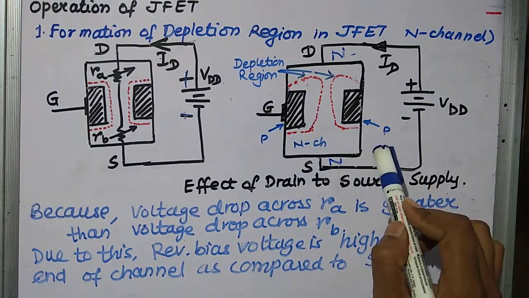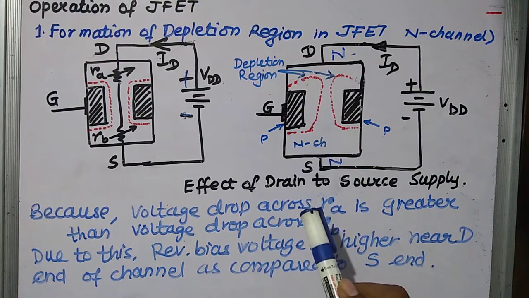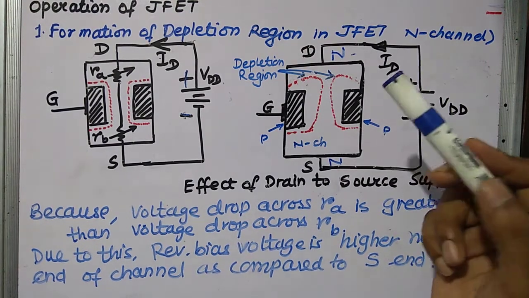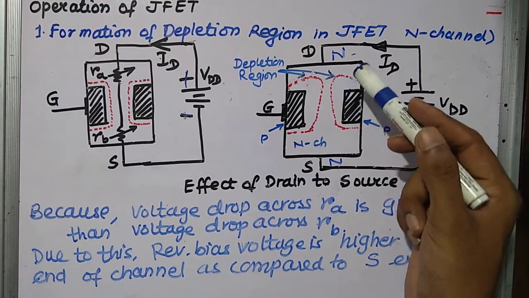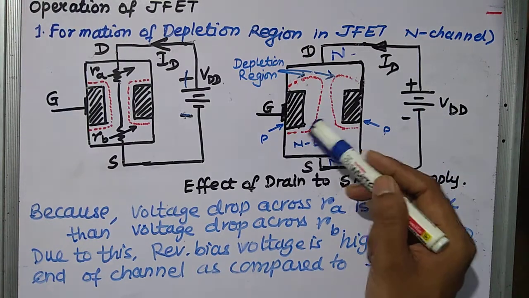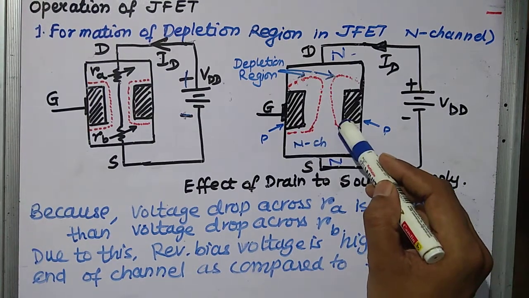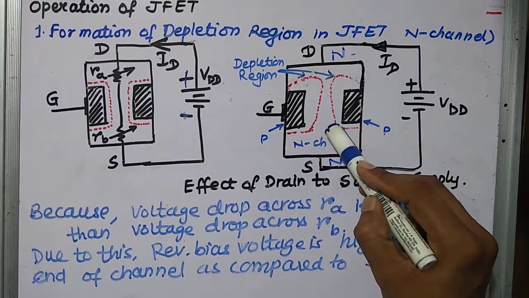Source is forward bias, so the voltage drop across RB is less. Where there will be more reverse bias, at that area the width of the depletion region is more. Here it is less reverse biased, so the width of the depletion region is less.